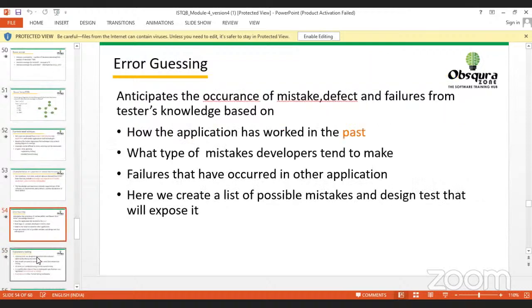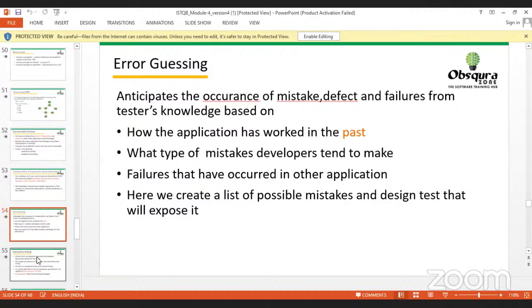Error guessing means anticipating the occurrence of mistakes, defects, and failures from the tester's knowledge. Like I have already said, he may be aware of how the application has worked in the past, and what type of mistakes developers tend to make.